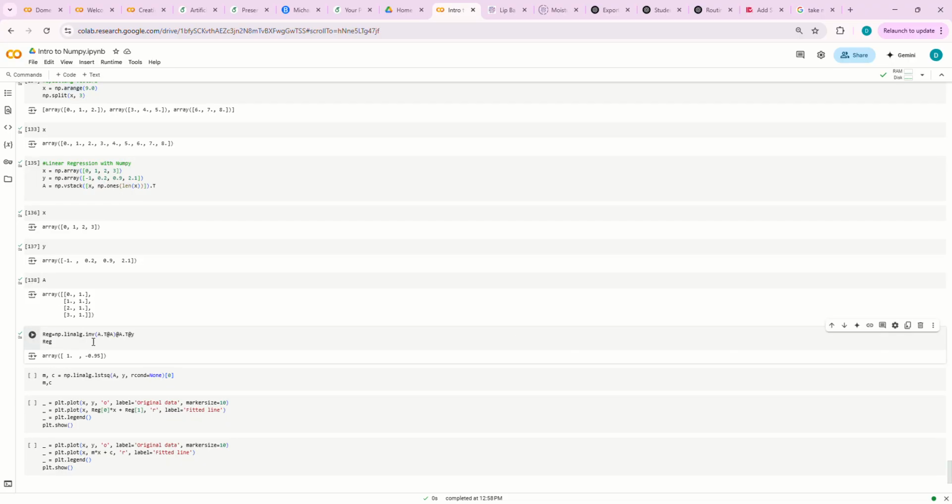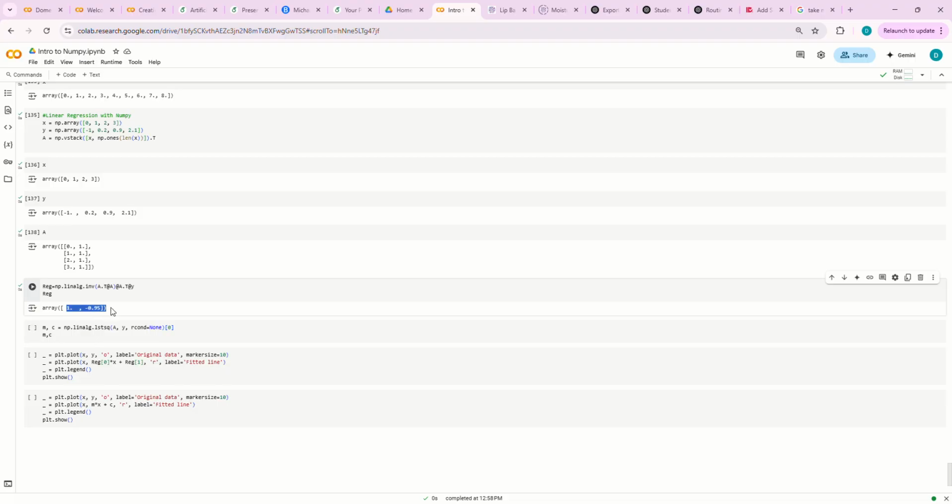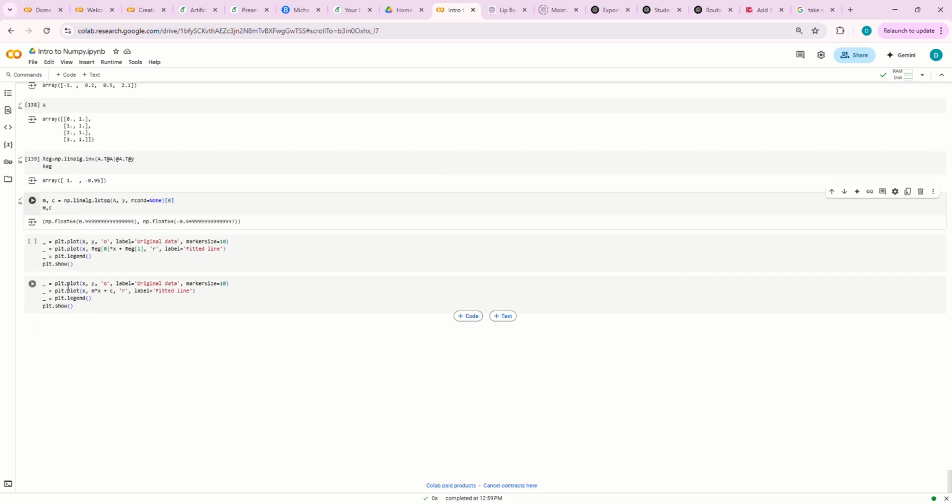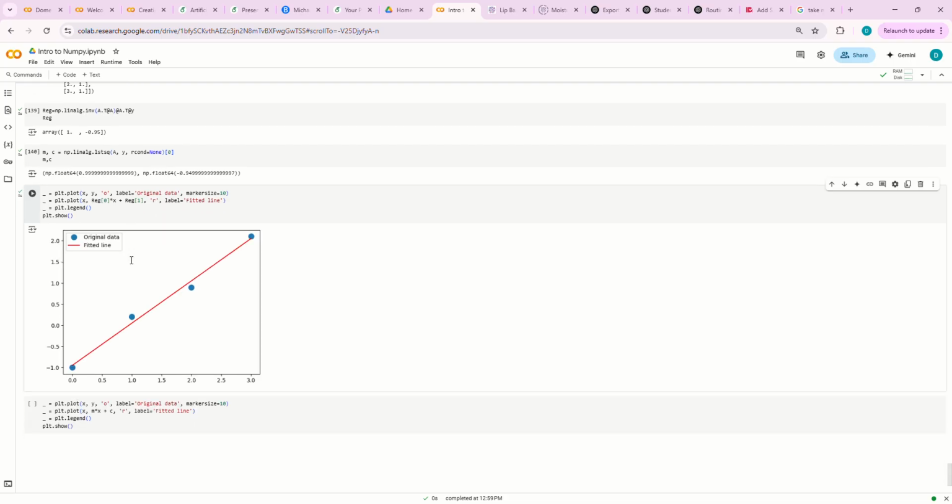So we run the regression. We have an array 1, 0.95, which is an intercept of 1 and a coefficient of negative 0.95. We do linear least squares, and we get the same results. Little floating point error here. And here is the fitted line, the original data.